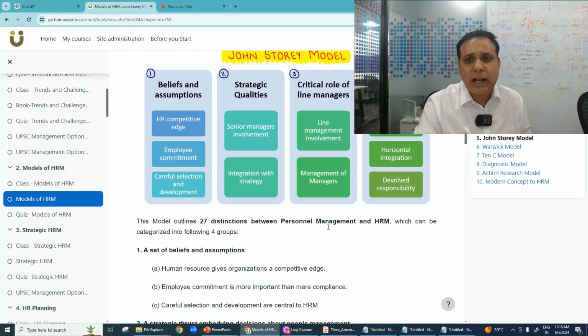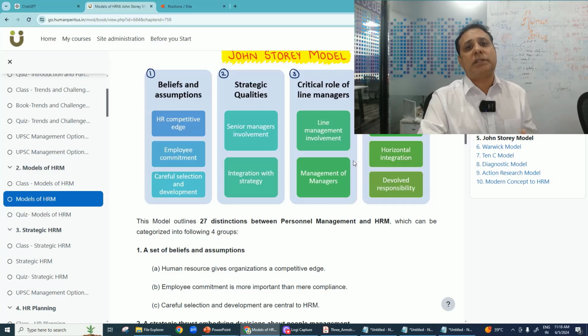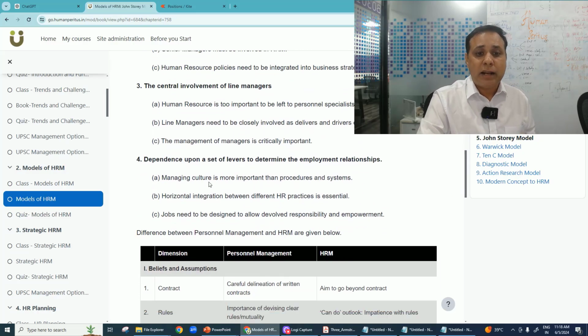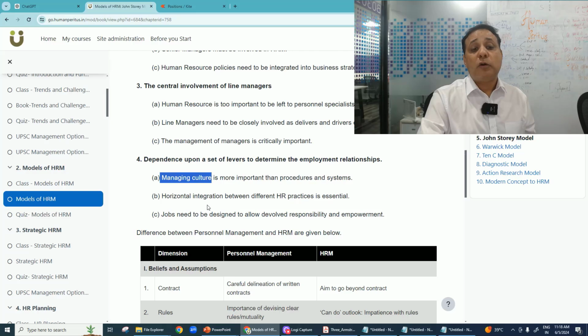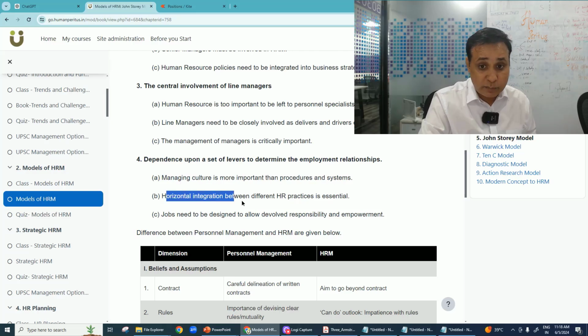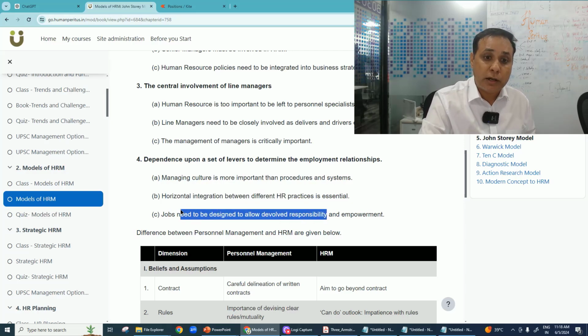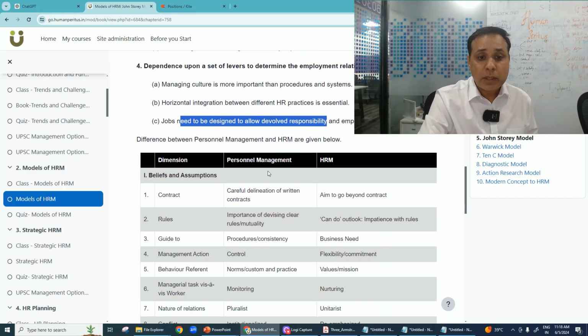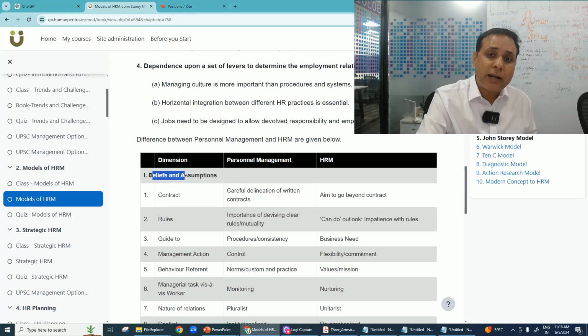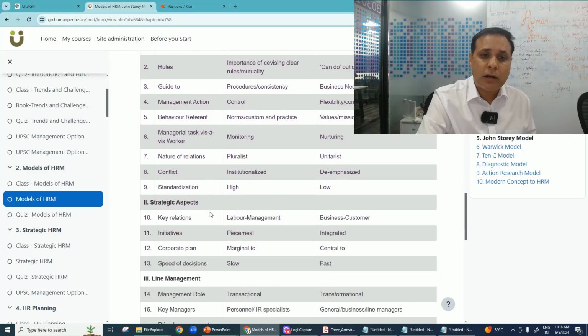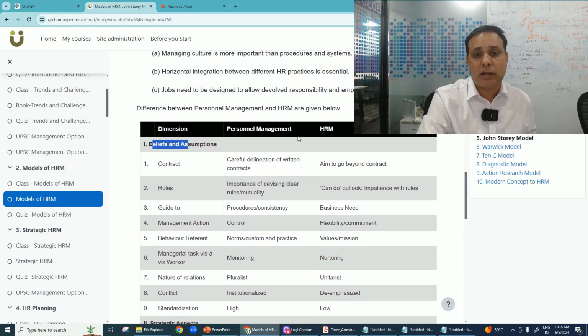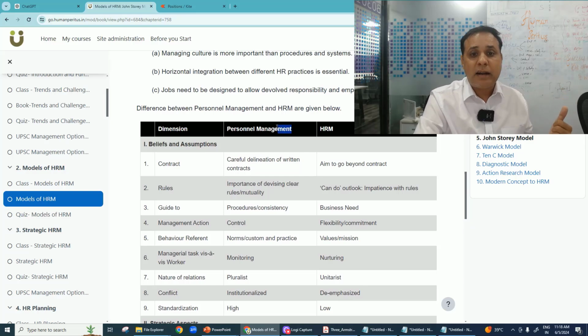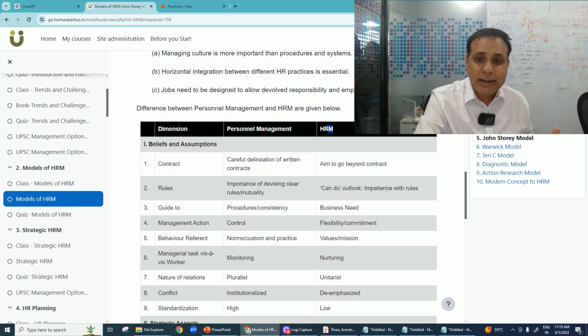The fourth and last one is key drivers, like how we manage the culture, whether there is horizontal integration between different HR practices, and whether you are doing job design or not. These are the four broader categories into which 27 differences were given between the older traditional approach of personnel management and HRM.